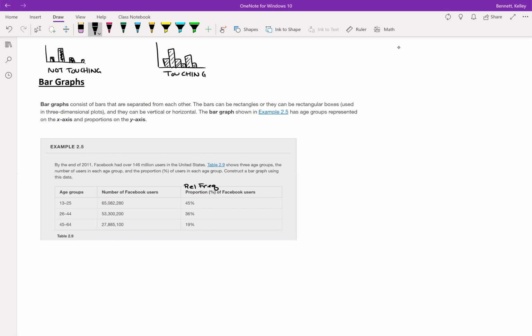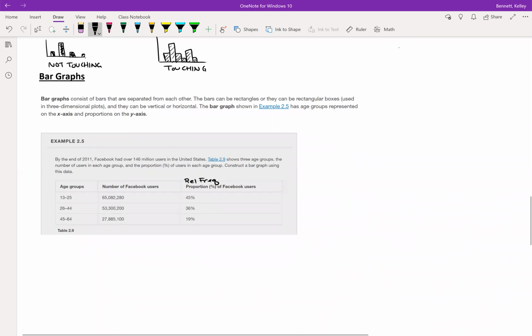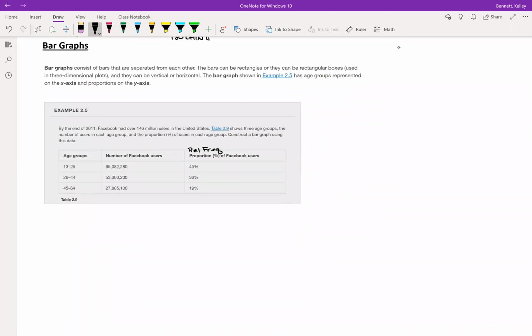So remember that proportion, you can think of this as relative frequency. For this example, we've got a bunch of different age groups, and we've got the number of Facebook users for each group, and then we also have the proportion of Facebook users for each group. Even though we had two types of data that we could put into our bar graph, we're asked only to do age group, and we're just going to do the proportion or relative frequency.